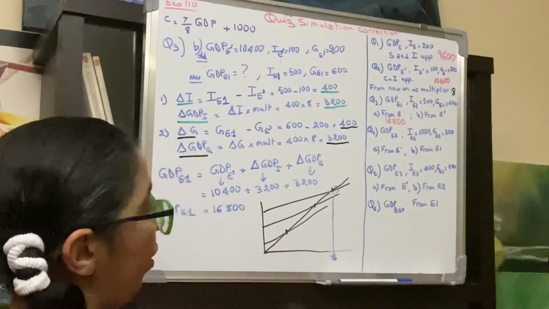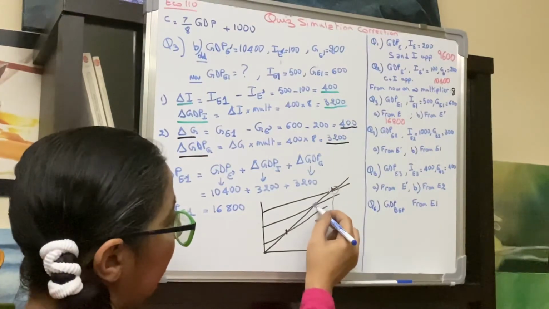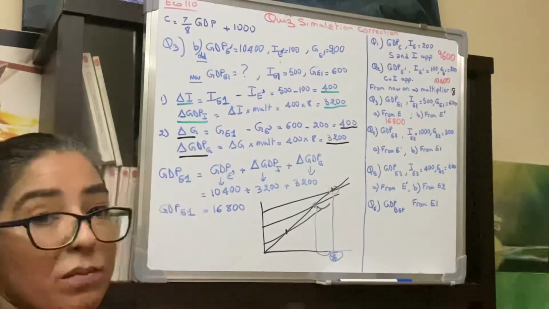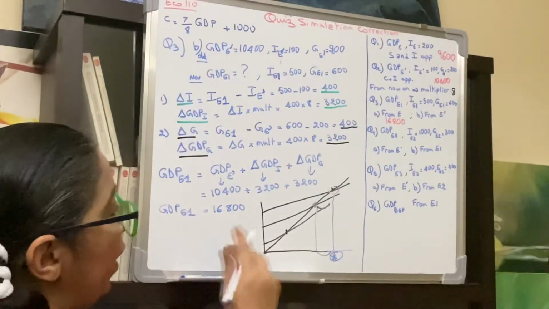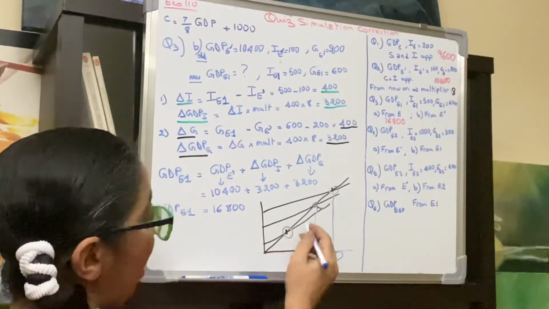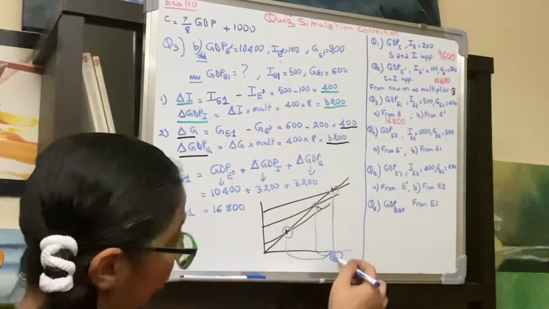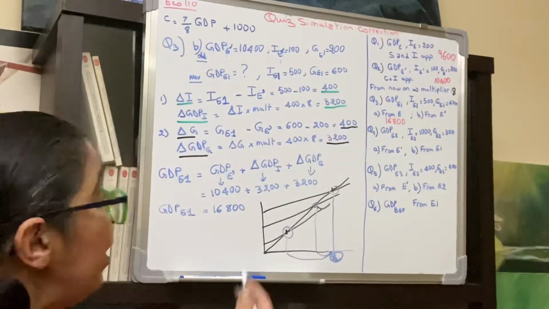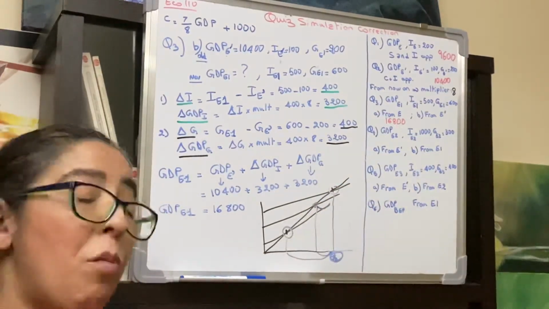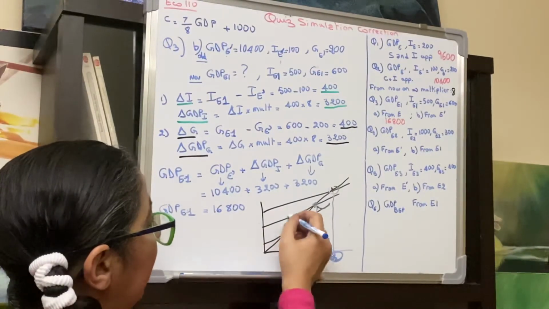This number here. If you start from this point, you need to add this distance, this delta GDP, to get to this point, isn't it? That's what I'm doing if I start from here. But if I start from here, I need to add the whole distance here to arrive to the arrival point I want. So here what we're doing is moving from one GDP to the next to find from one equilibrium to the next. So if you start here, this is your delta.